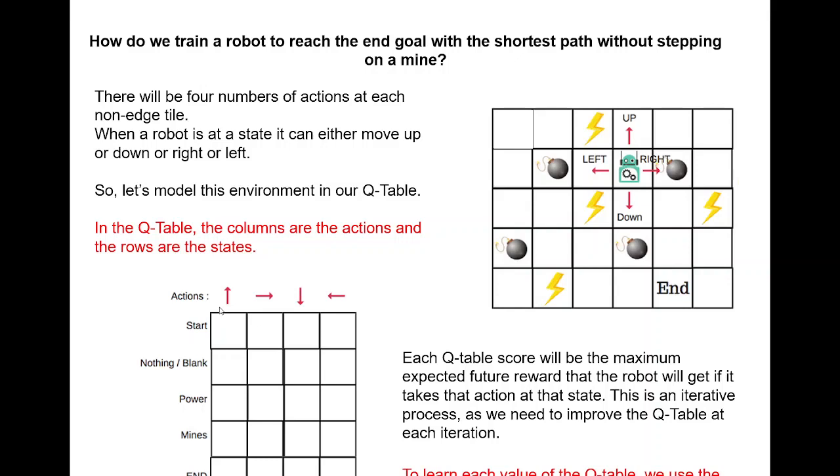Whenever it is in a start state, the actions that are defined are in columns. So in a start state, the robot can go right, it can go down, or it can go left. Similarly, there are other states which can decide about the action. Each Q table score will be the maximum expected future reward that the robot will get if it takes that action at that state. This is an iterative process as we need to improve the Q table at each iteration. And generally we use the Q-learning algorithm for this.